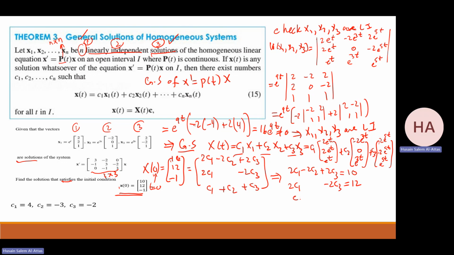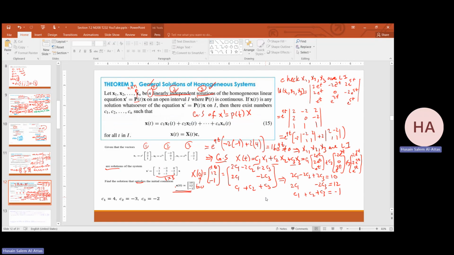And c1 plus c2 plus c3 is equal to minus 1. I need to solve this system. Okay, so I'll do it on the next page.